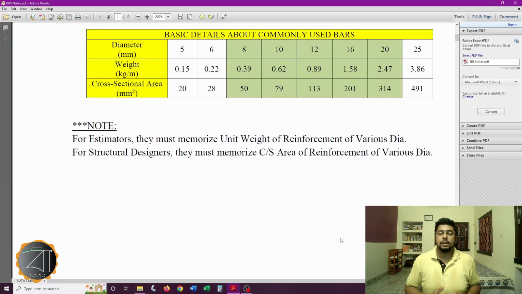So what I am trying to say is, whenever we are acting as an estimator, we must remember the reinforcement weight only, and in general terms, even if the detailings are not provided, what are the different positions where reinforcement is to be provided apart from the main function of the reinforcement for which it is provided by the structural design.